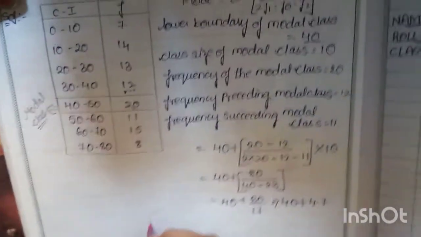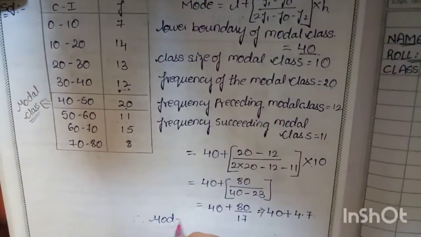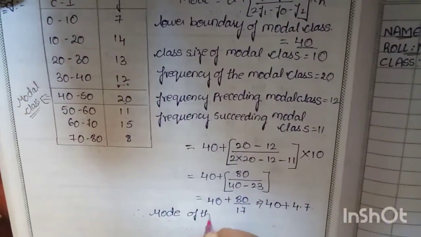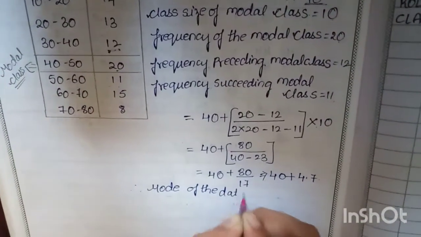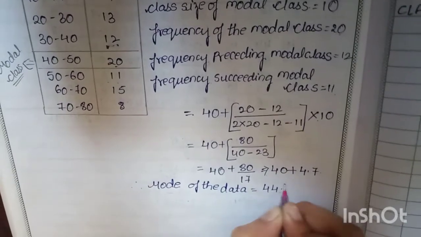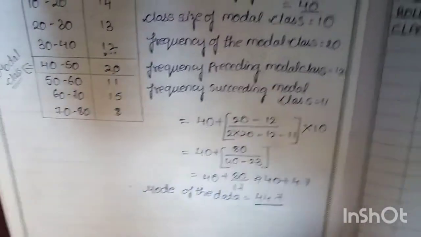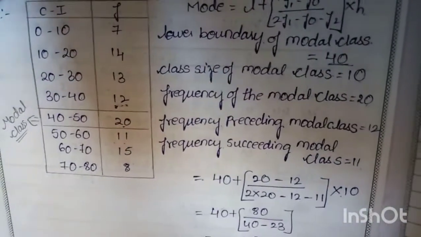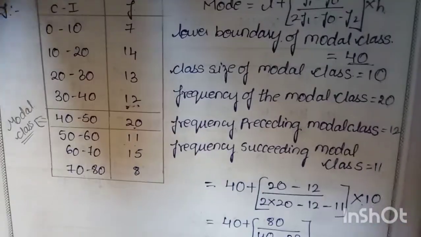So therefore mode of the data will be equal to 44.7. So friends, in this way you have to find the mode of the given question.